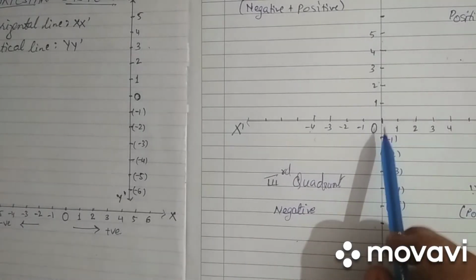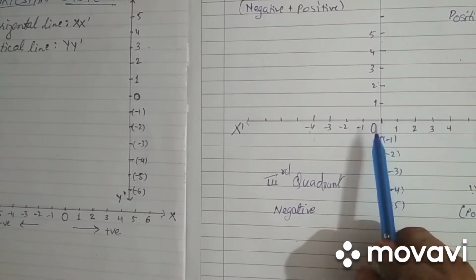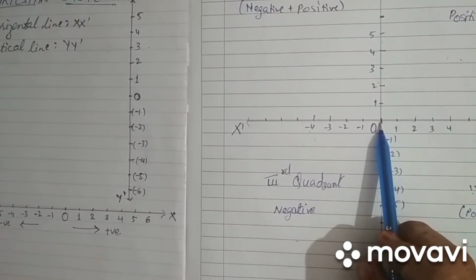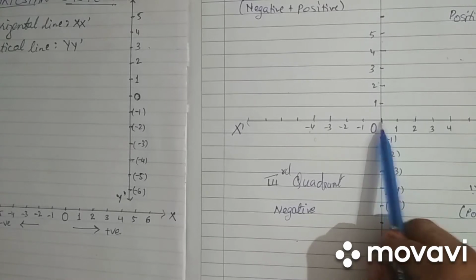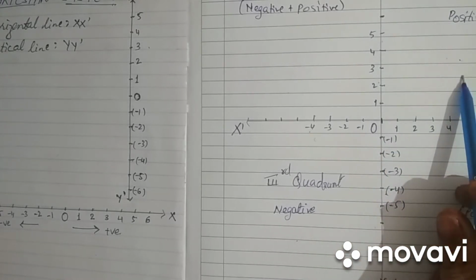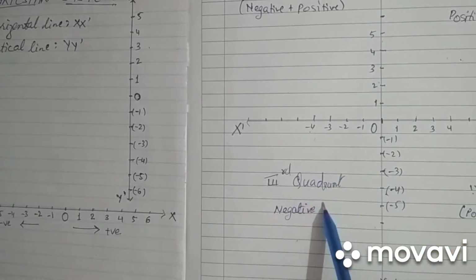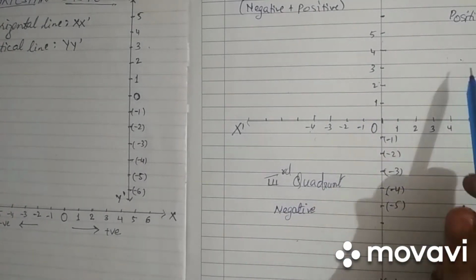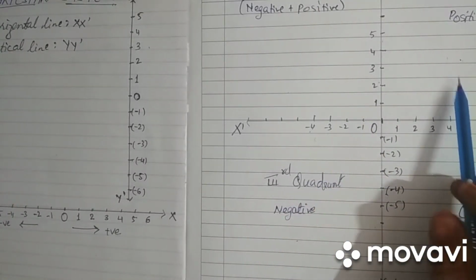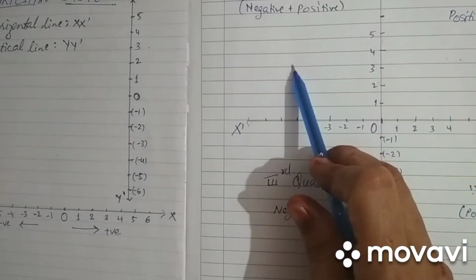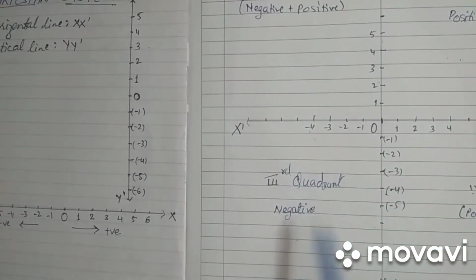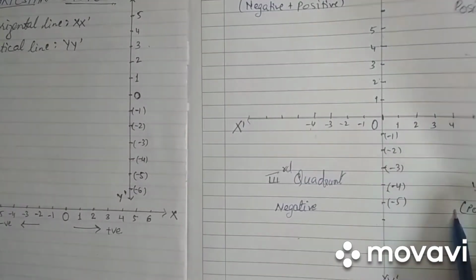Like this. And both are meeting at a point O, the origin. Correct? As well, we labeled these four parts of a plane as quadrants: first quadrant, second quadrant, third quadrant and fourth quadrant.